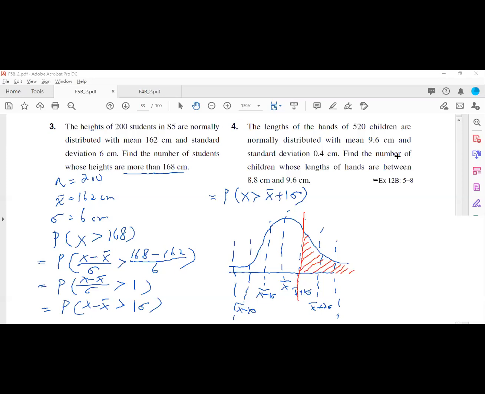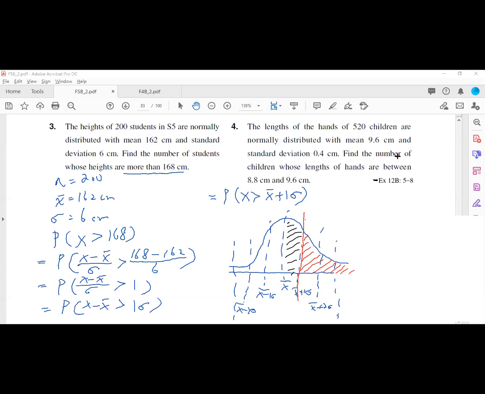Okay, and I remember that we have done a question yesterday. When this region is not sticking to the middle line, then we need to use 50% minus, right? Because what we have is this number.